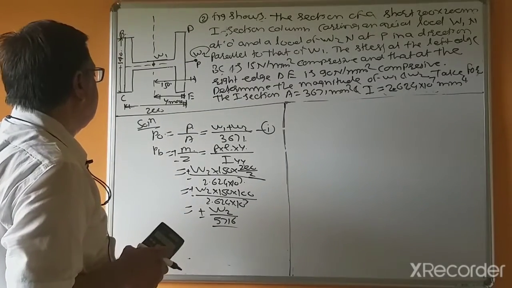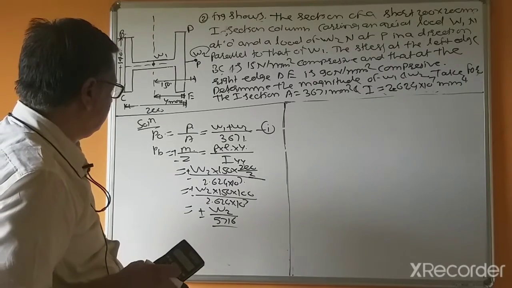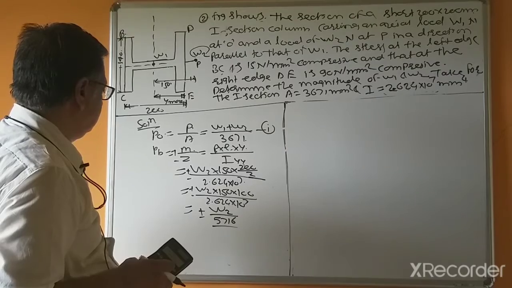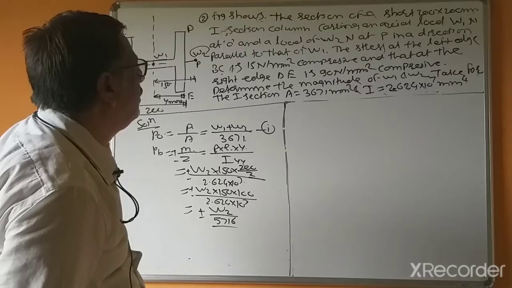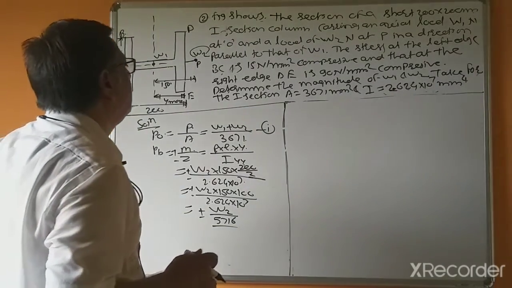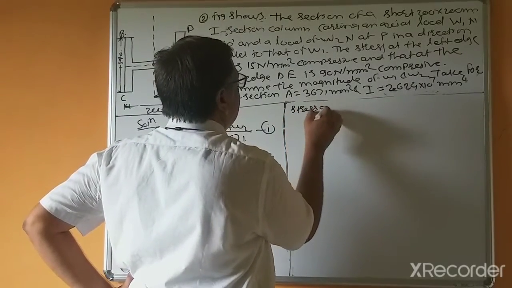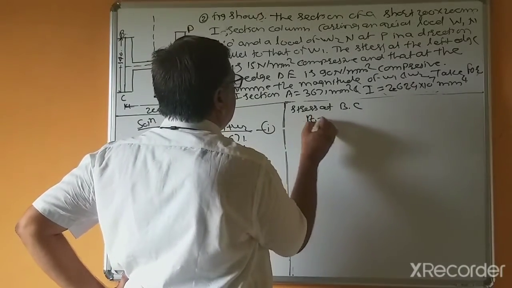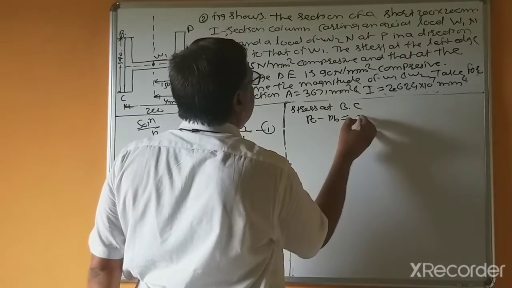Is there any mistake? All right. BC. So that's why stress at BC means sigma o at BC minus sigma b equal to 115.